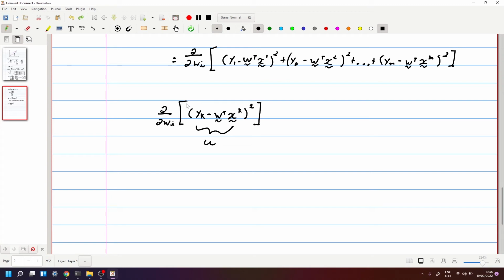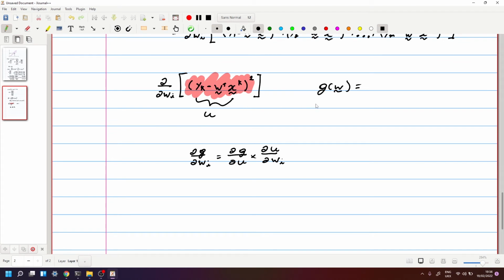If we call this whole formula, including the squared, g of w, then the partial derivative of g with respect to wi is equal to the partial derivative of g with respect to u times the partial derivative of u with respect to wi. This is something I expect you to already know if you've done any maths, and it's what we're going to use to find this particular derivative here.